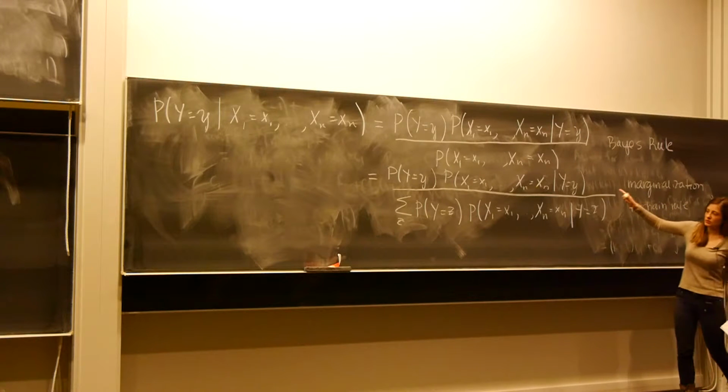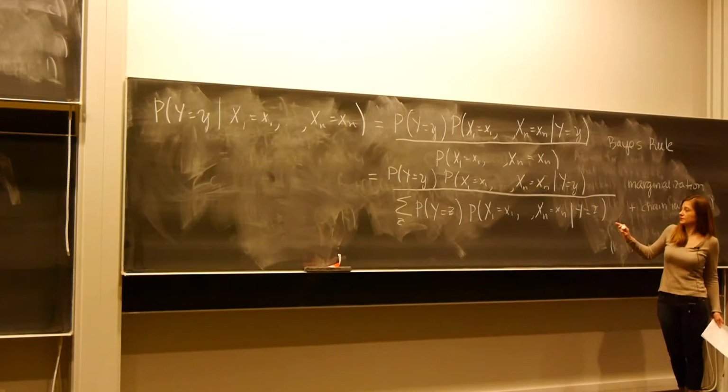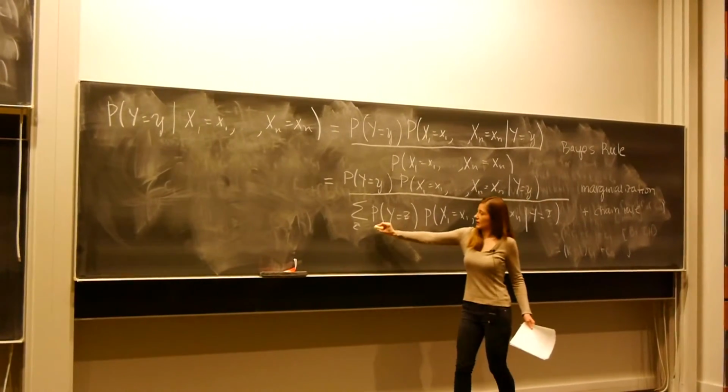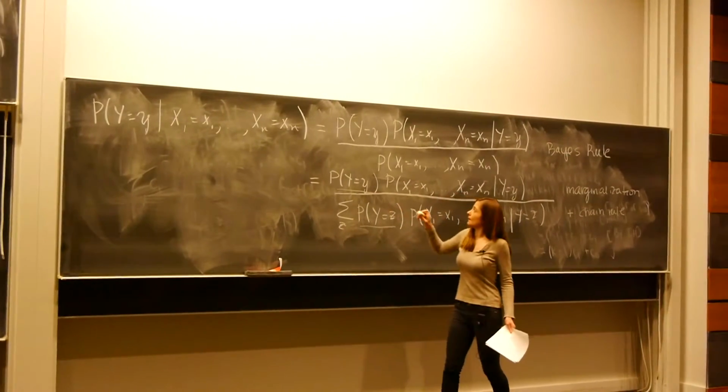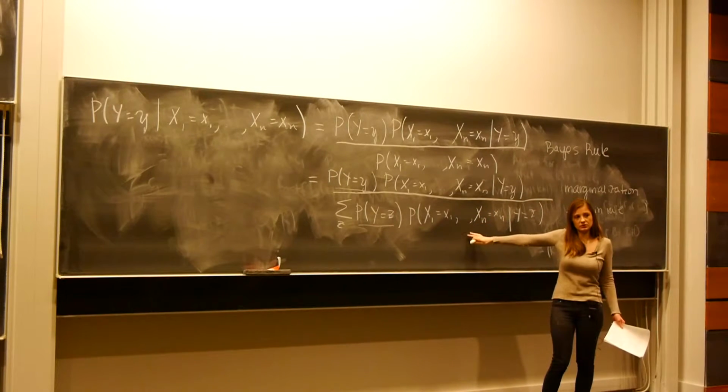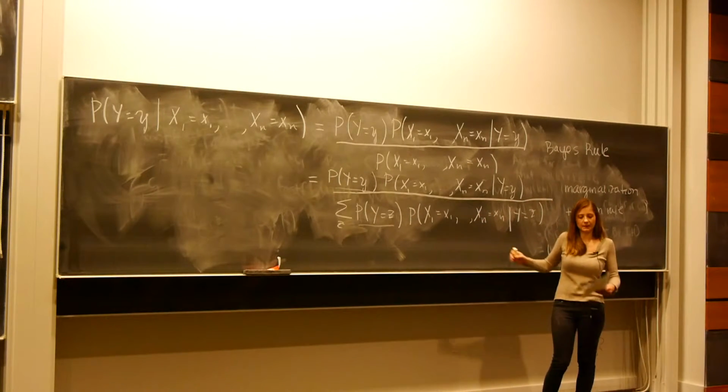And now we see that both the numerator and denominator are written in terms of the probability of y, which appears here and here, and the probability of x given y, which are the other two terms, right? It's just that in the denominator we have a sum.